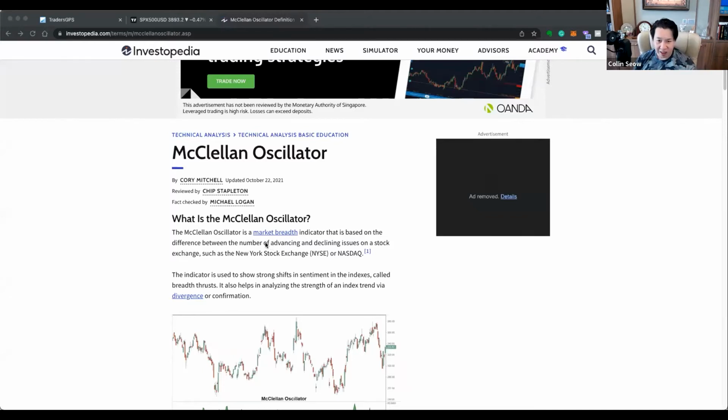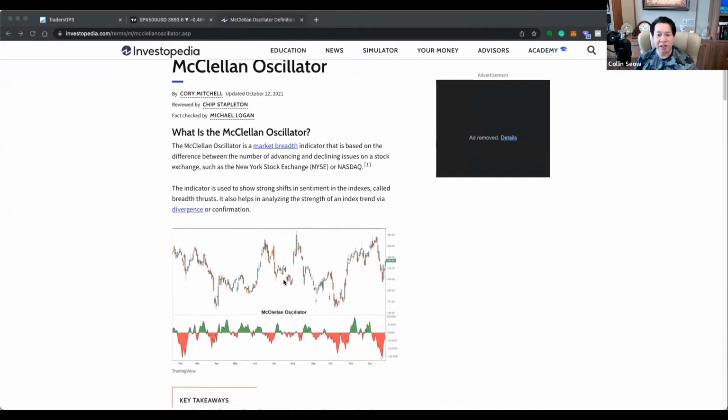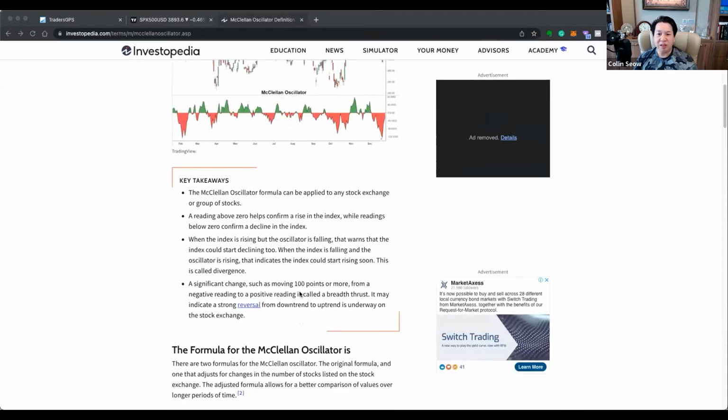The indicator shows a strong shift in the index, or breadth thrust, and that helps analyze the strength of the index, whether it's confirmation or divergence. But I want to share with you all in simple terms what it means. A significant change, such as moving from 100 or more from a negative to a positive, is called a breadth thrust.